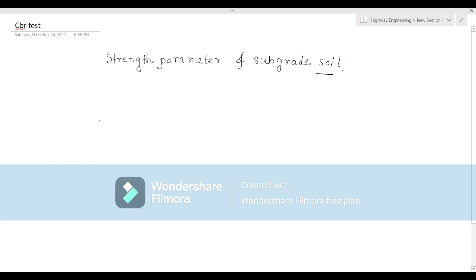So there is a particular formula for determining the thickness of the flexible pavement.